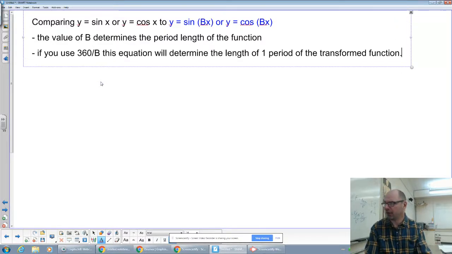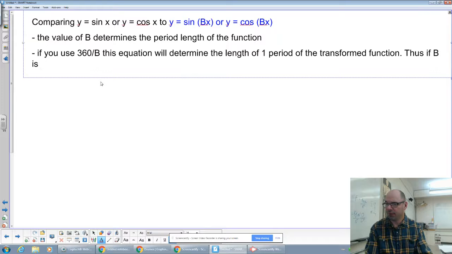Thus, if B is 1 or above, the period shortens.